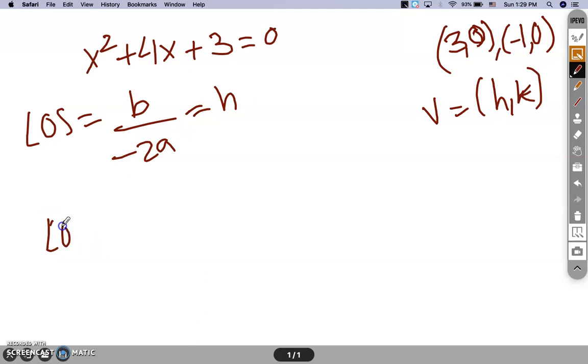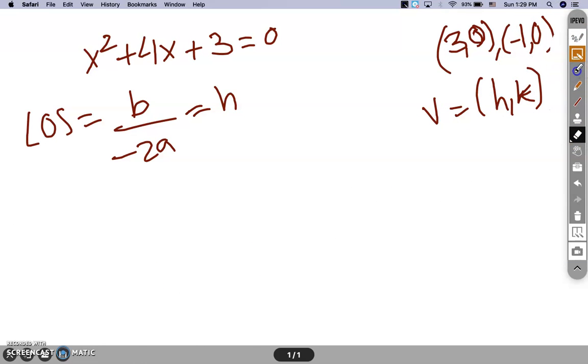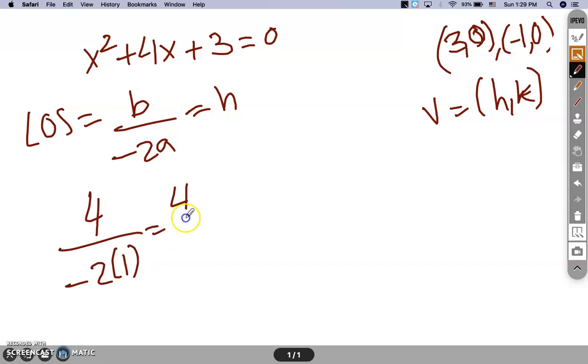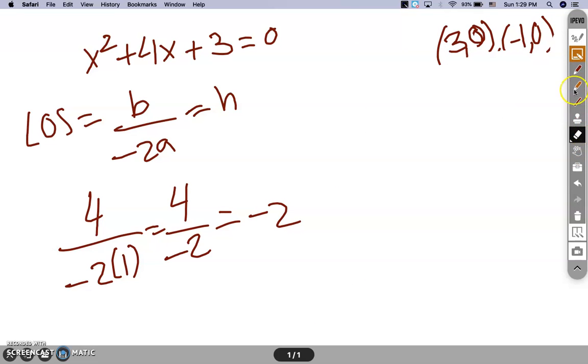So this will be equal to, I'm not going to write LOS there. This will be equal to 4 divided by negative 2 times 1. So that means I get 4 divided by negative 2. So that means the h value is going to be negative 2. So that means that my line of symmetry is going to equal negative 2.